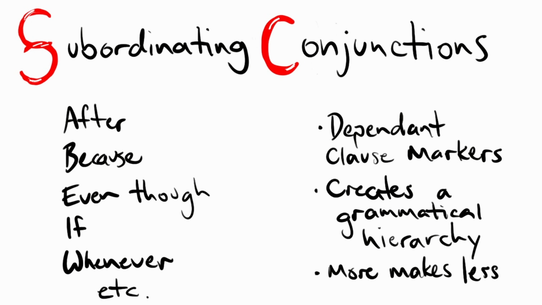Next, we have subordinating conjunctions. To subordinate means to sort of make lower, right? If you're in some sort of a business setting and you are maybe a manager or a C-level executive suite, whatever, then you would have subordinates, people who are lower in the hierarchy than you. And what subordinating conjunctions do is they create a sort of grammatical hierarchy where one thought becomes more important than another thought.